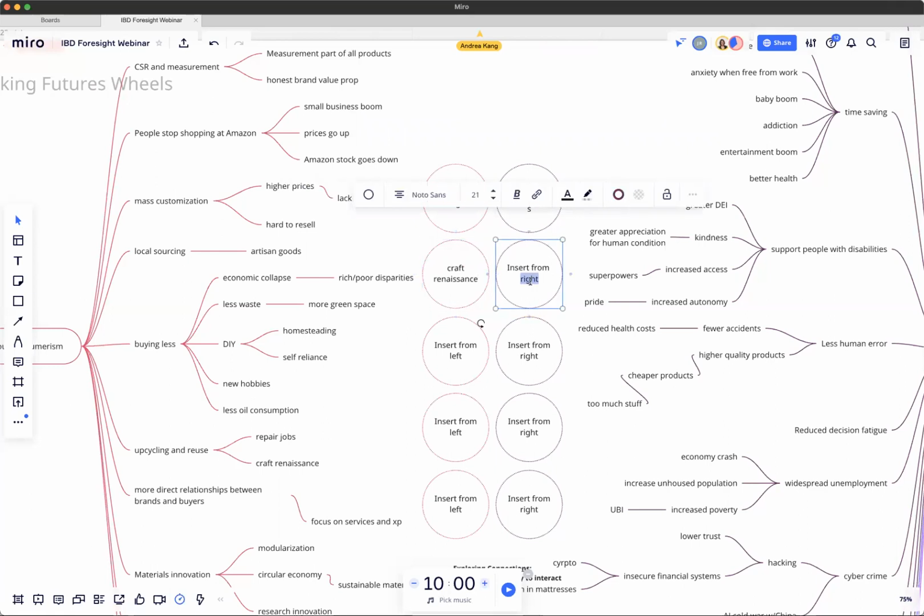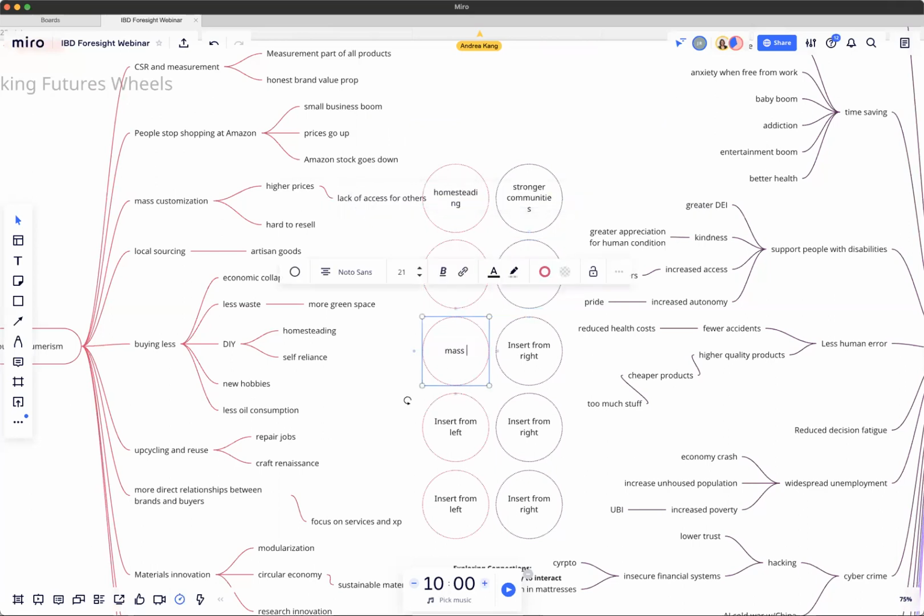We also had mass customization and less human error. We also had someone mention more green space and better health.